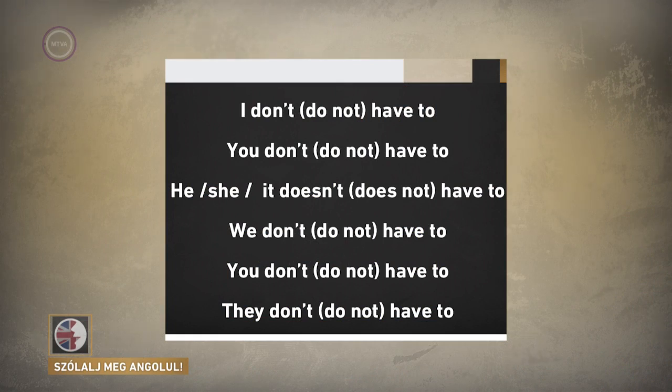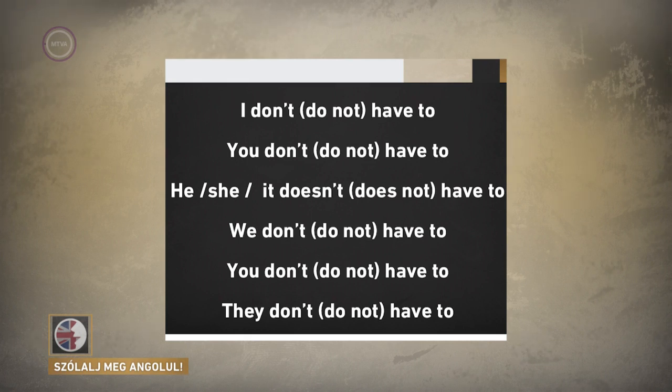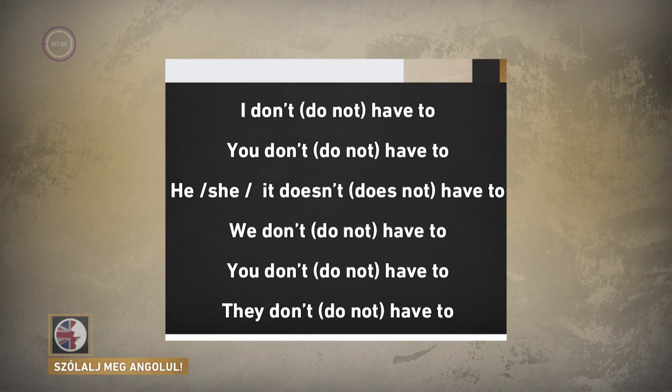I don't, do not, have to. You don't, do not, have to. He, she, it doesn't, does not, have to. We don't, do not, have to. You don't, do not, have to.